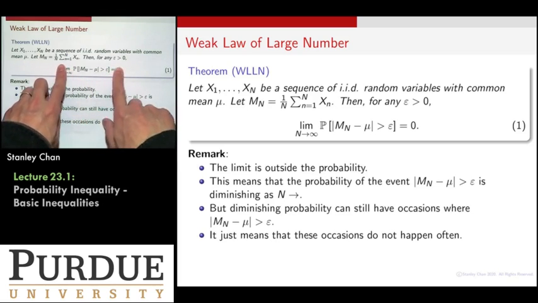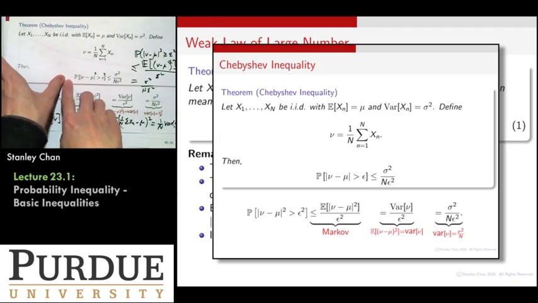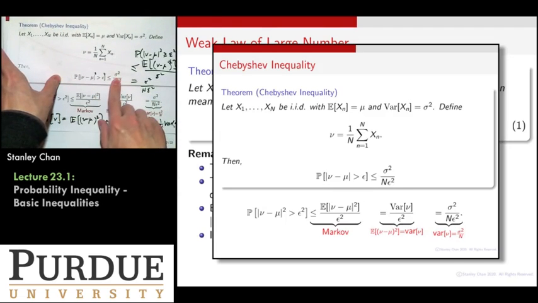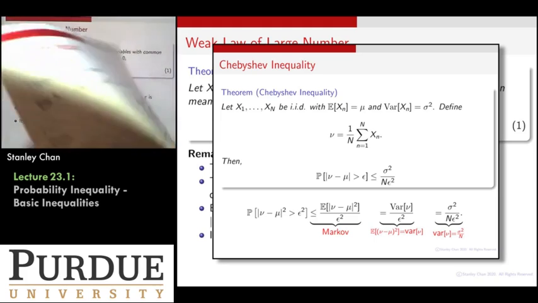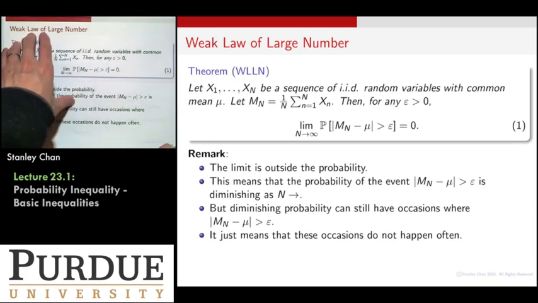Okay, this is a fairly easy result because you look at the Chebyshev inequality, you put the limit on the left-hand side, you put the limit on the right-hand side. As n goes to infinity, the limit on the right-hand side will go to 0, and that's why you can have a 0 here. So the proof is one line. Now, this is called the weak law of large numbers.